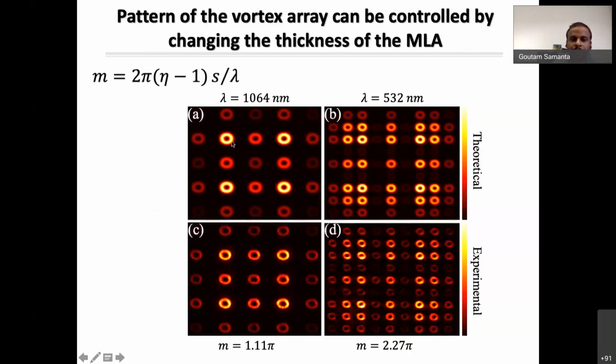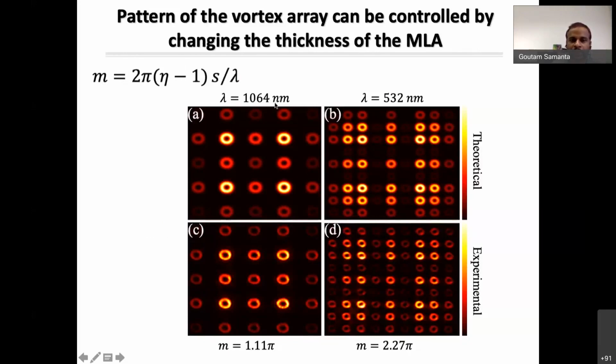So if you have an input beam at 1064 and then a micro lens array, this is the phase factor of the micro lens array, and the refractive index of the material is wavelength dependent. If you use a different wavelength, the phase will be different, and the resultant structure will be different. That is what we have shown here.